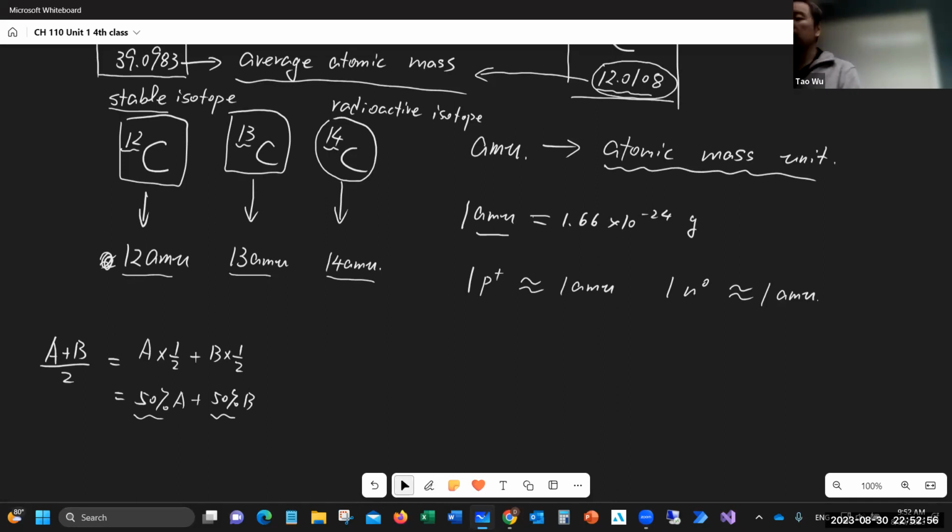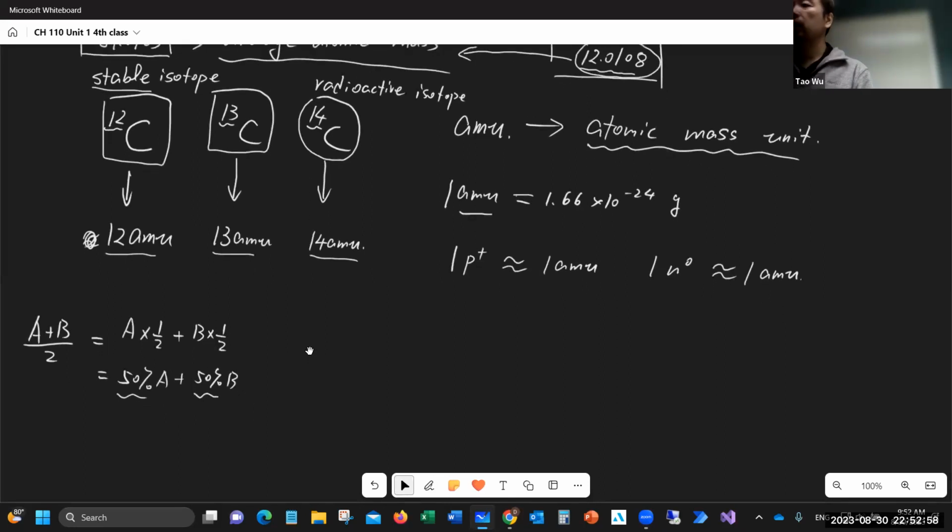Okay, so let's continue talking about carbon 12 and carbon 13. They are not equally present in the world. In other words, we do not have 50% carbon 12 plus 50% carbon 13.